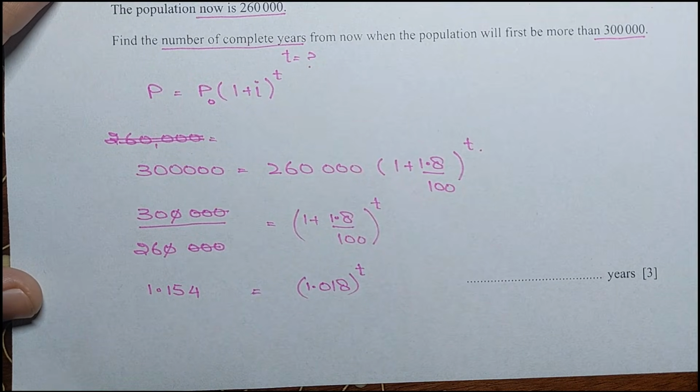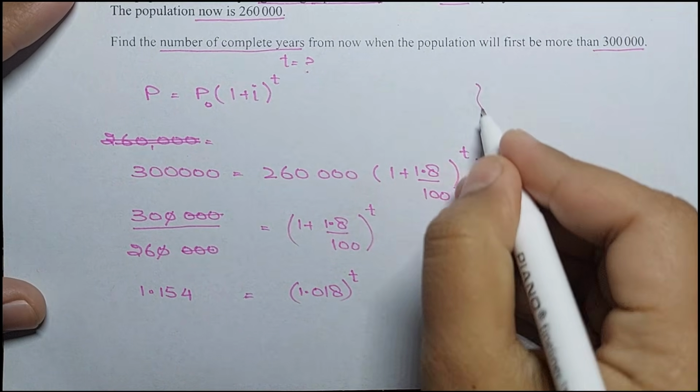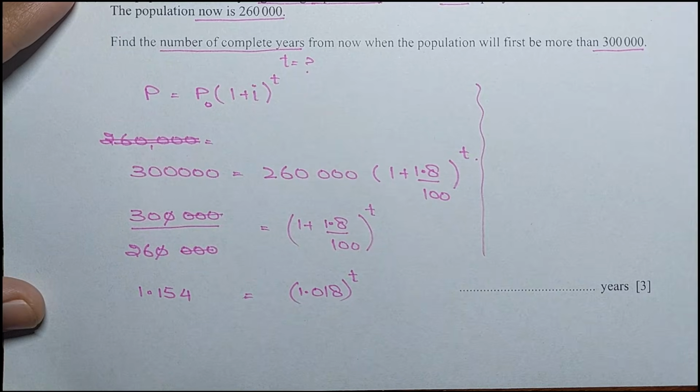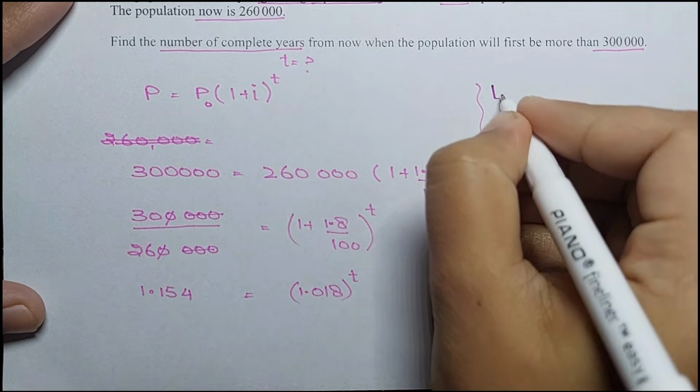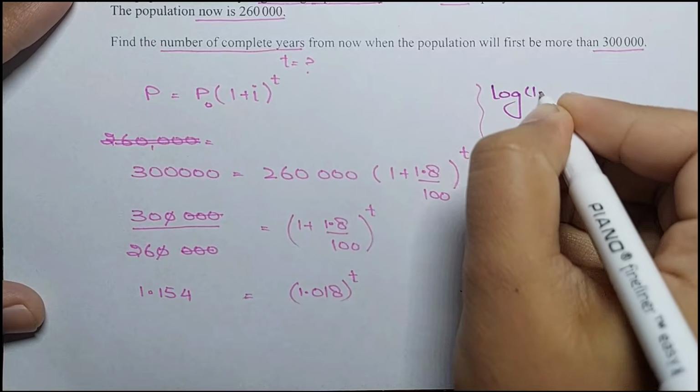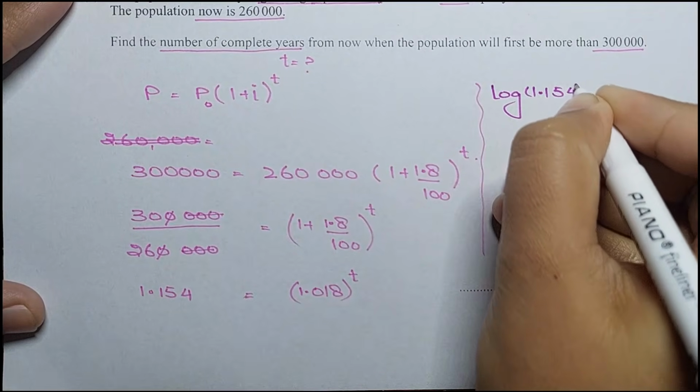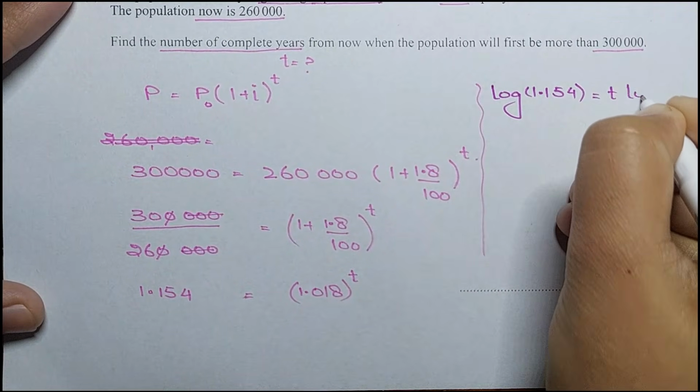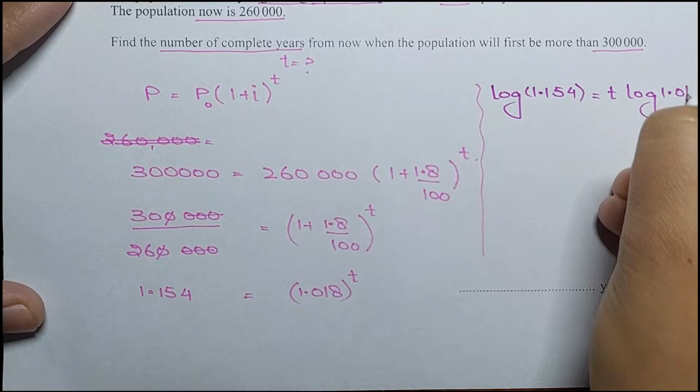Okay, now let me take a log on both sides to solve this equation. So log of 1.154 equals T log of 1.018.